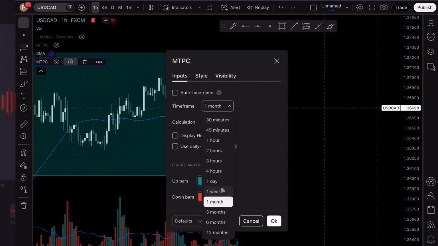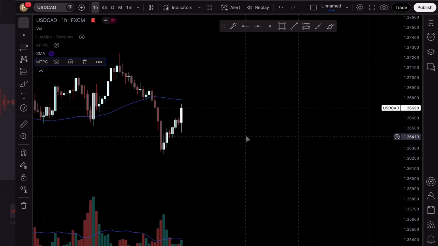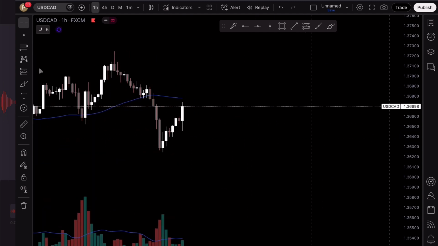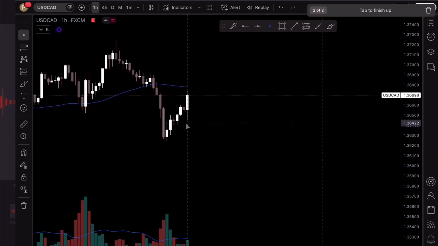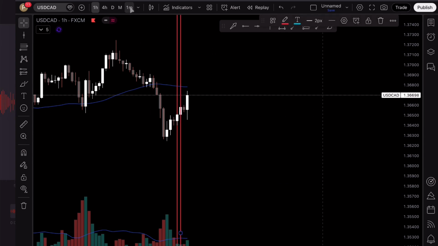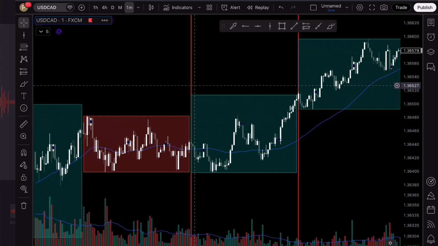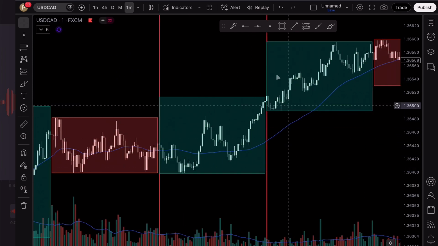If we pick 1 hour, it's going to show us exactly the range of each individual 1 hour candle. So if we mark from here to this spot, by the time we scale down to the 1 minute time frame, we'll see that spot from here to here, which is absolutely the range of the 1 hour candle that we marked.